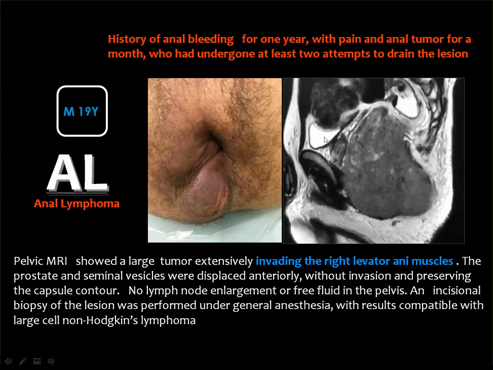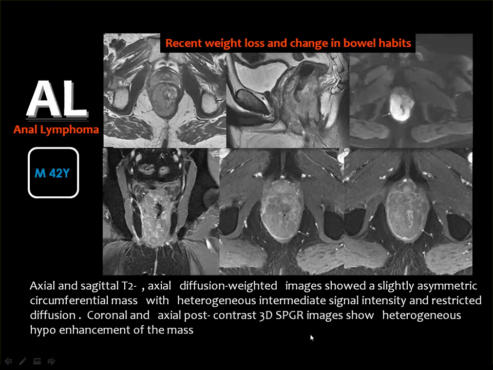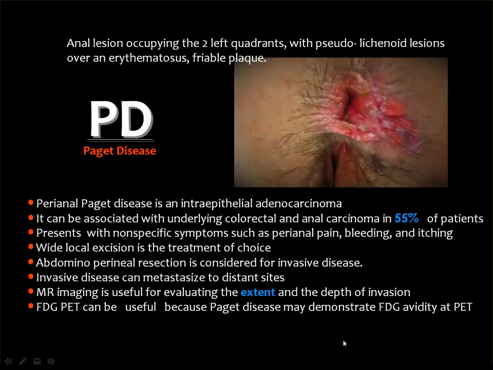And this is a T2 weighted image, and you can see that this tumor is quite different from the aggressive angiomyxoma. And here you see the intermediate signal of the lesion. This is another patient. If you inject lymphoma with contrast, you get minor homogeneous enhancement with no evidence of areas of breakdown.